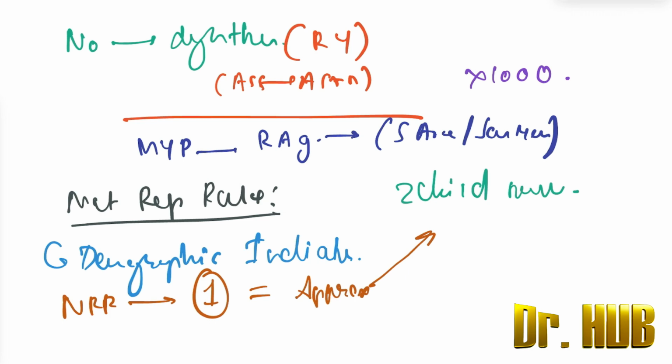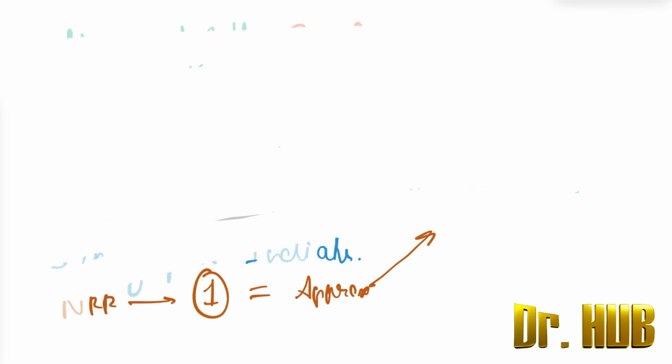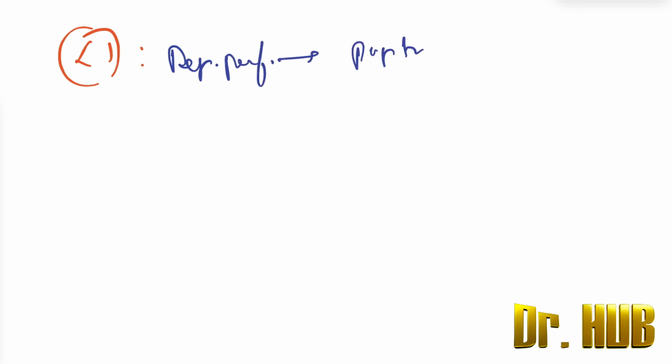If the NRR is less than 1, then the reproductive performance of the population is said to be inadequate.